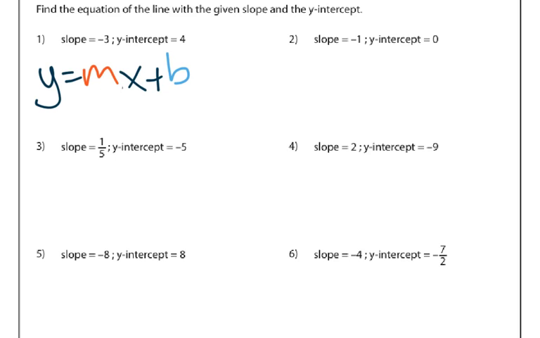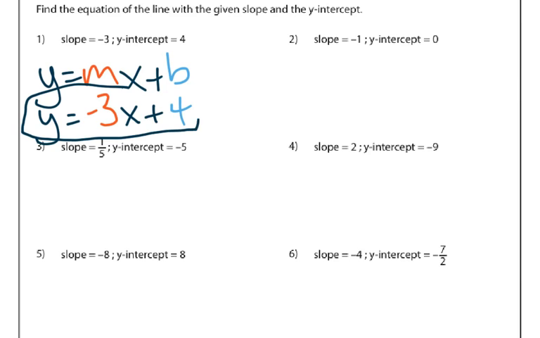So in the first problem, it says the slope is -3 and the y-intercept is +4. So we're going to write y equals, and the slope is -3, so that's going to go here, and the y-intercept is +4, so that would go there. So this is the final answer, y equals -3x plus 4.